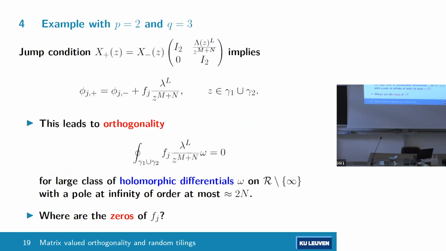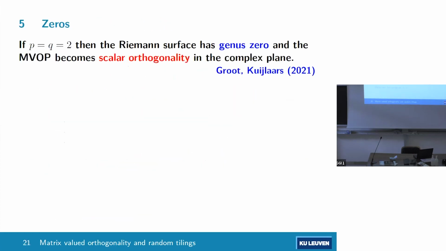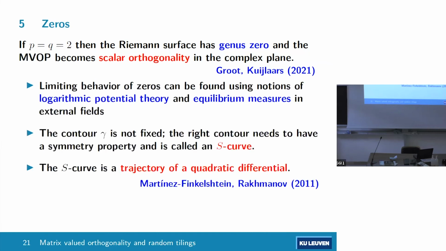Now, this is still work in progress, and I have to conclude. An observation is that if you would do it with period 2 at most in both directions, then the Riemann surface has genus 0. You can map it to the Riemann sphere, the complex plane, and it becomes scalar orthogonality. This is what I worked out in my paper with my student Ellen Groot from last year.